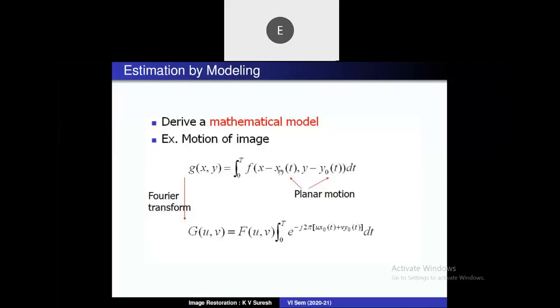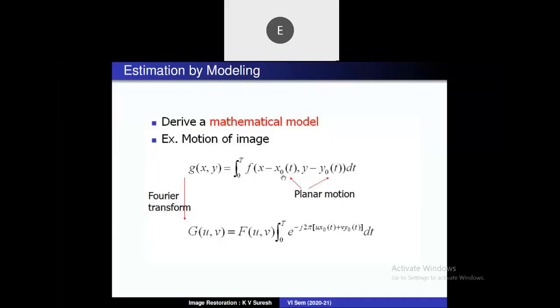The meaning of capturing a motion blurred image is that you are exposing a shifted version of the image over a specific exposure time T, which is the model. If I assume the motion to be simple planar motion, that means movement only in x and y direction, you are going to average the image over that particular region. That is why this integration during the exposure time T.